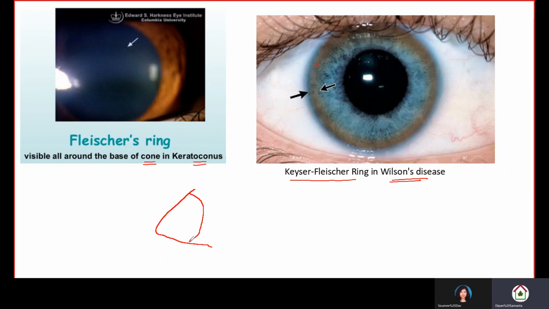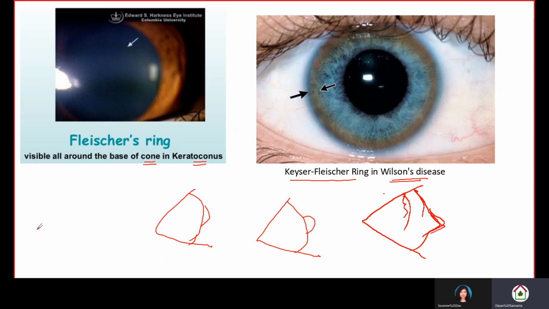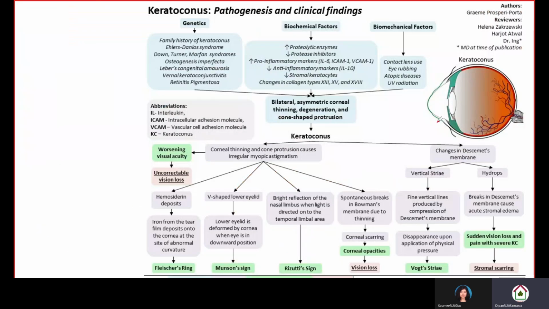This is normal. Like this, the bulging out of the cornea will be much more prominent. It will be much more conical, the prominence will be there. This is keratoconus.